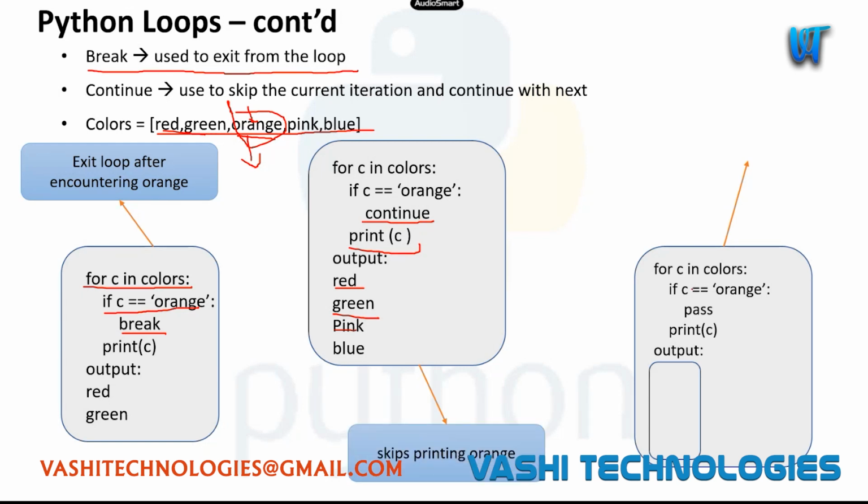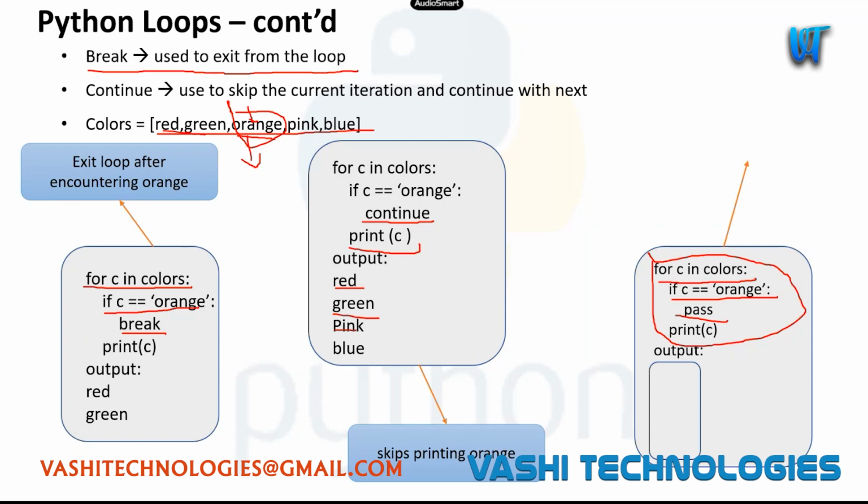If you see the third case here, we have the same statement again. We are iterating through colors and checking if c is equal to orange or not, and we are passing this statement. So can you guess what's happening here? What will be the output of this program in the third case?